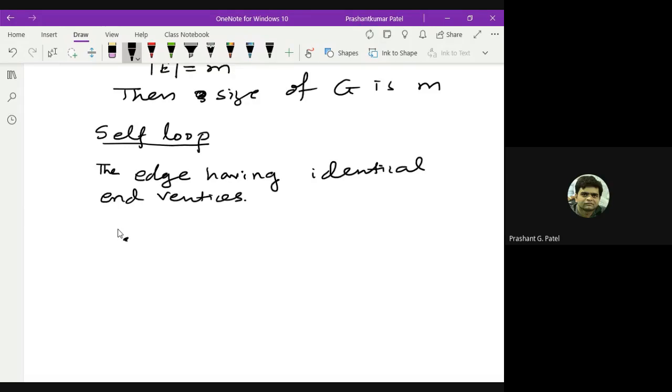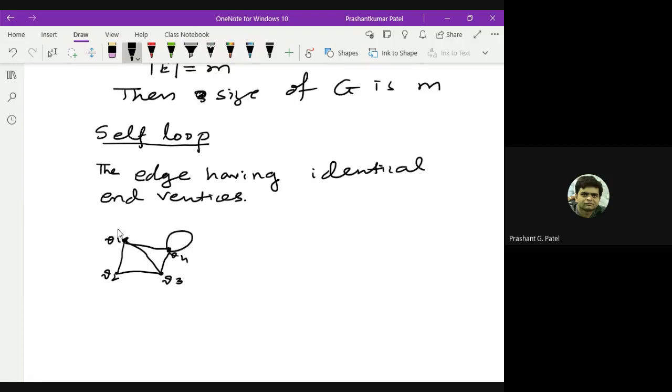For example, if I have a graph with 4 vertices, and I draw like this, this is one edge. So there are V1, V2, V3, V4.